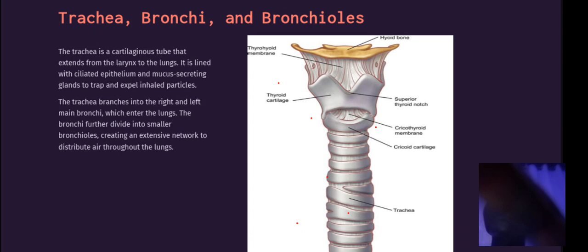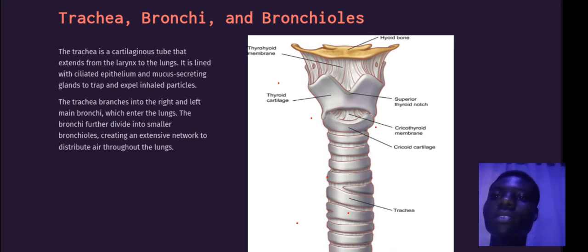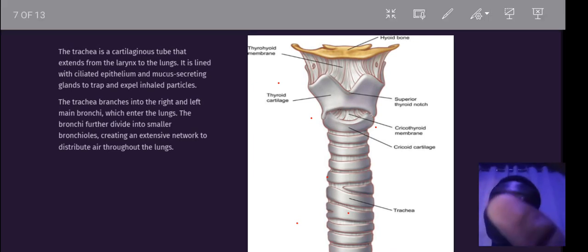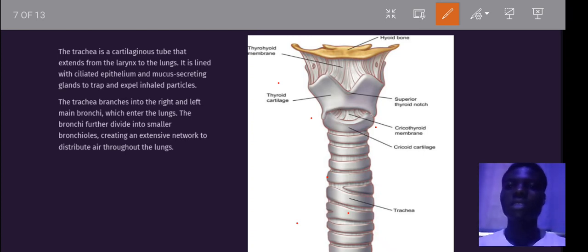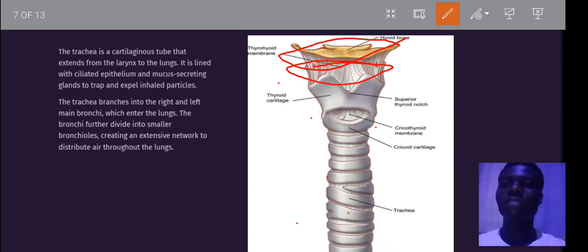Here you can see the hyoid bone, and this is the thyroid cartilage, and we have the thyroid membrane.